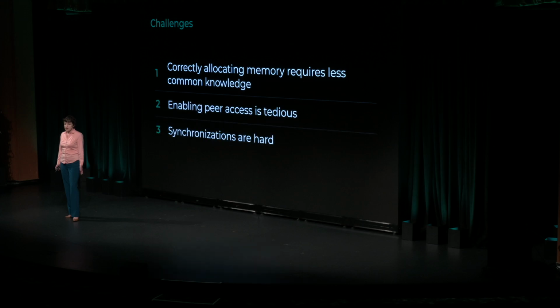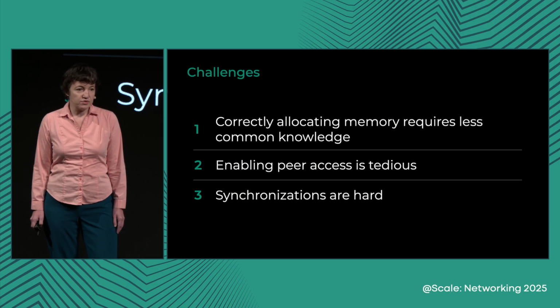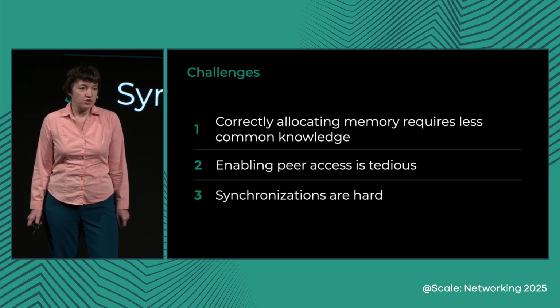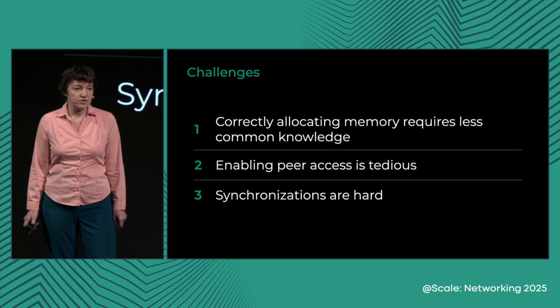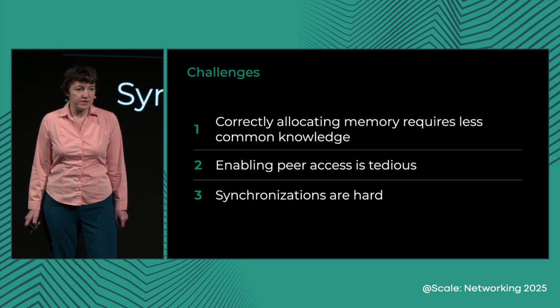It sounds pretty simple at the conceptual level, but actually implementing it in a robust way, in such a way so that multiple developers using these systems can reliably use this access to peers' memory requires some uncommon knowledge, navigating through incompletely documented APIs.